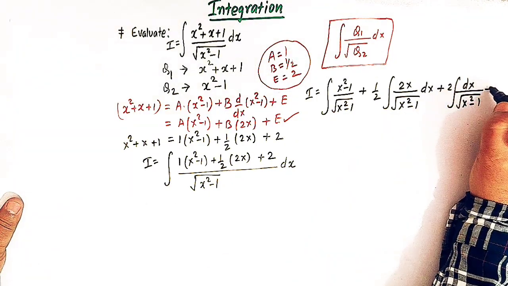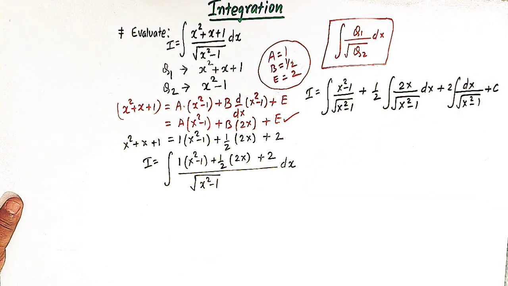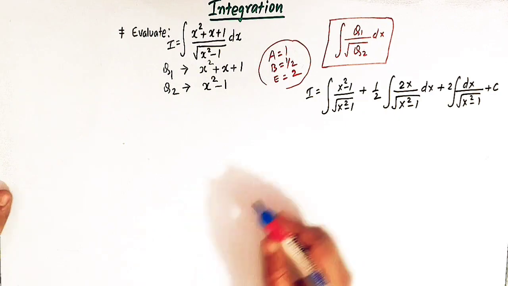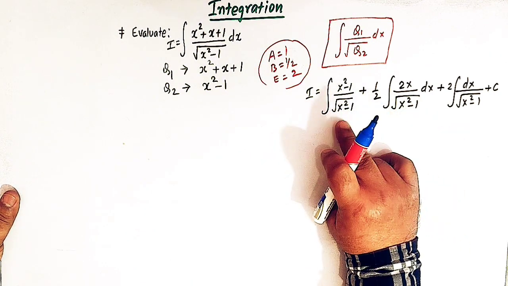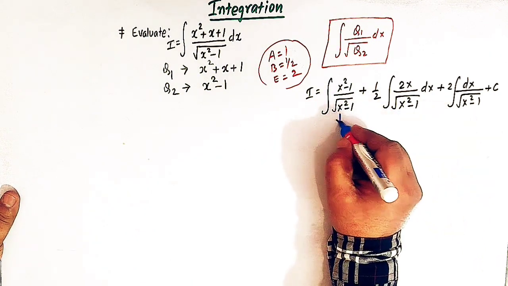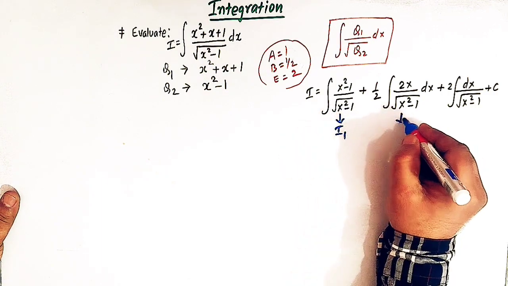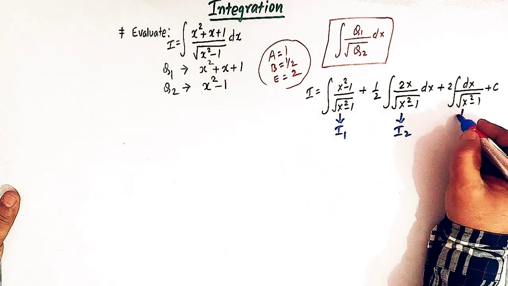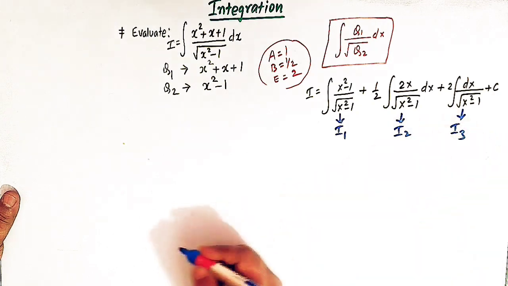And obviously we have c as the constant of integration. So now let us calculate the values of these three integrals. So let us call it I1, this is I2, and this is I3, right?